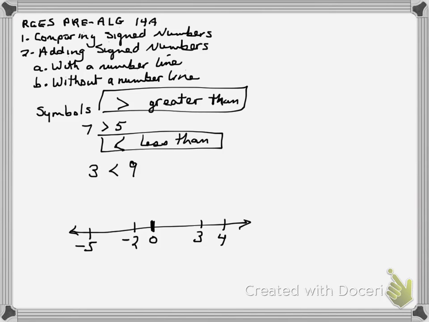I have positive numbers to the right of the 0 and negative numbers to the left of 0. Now, I define a number as being greater than another number if it is positioned to the right on the number line. So the number to the right on the number line is always greater when we're comparing numbers.